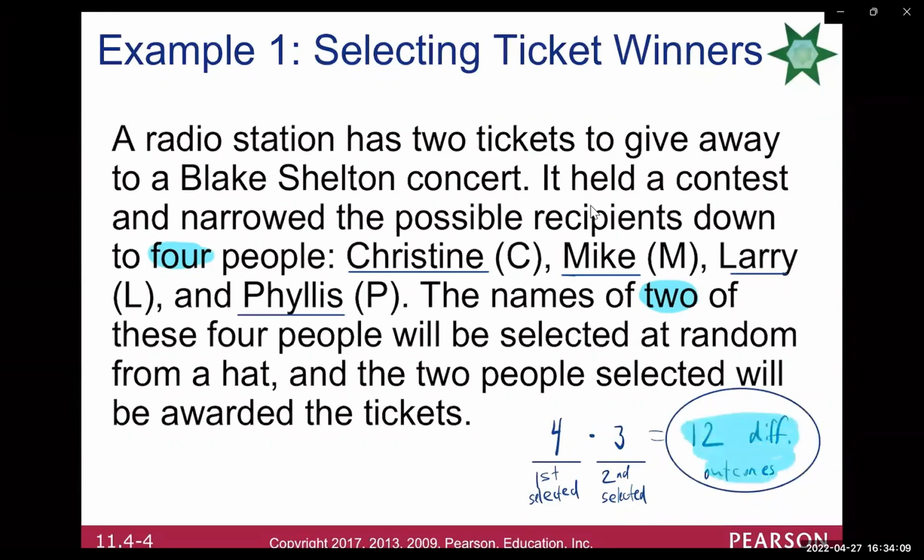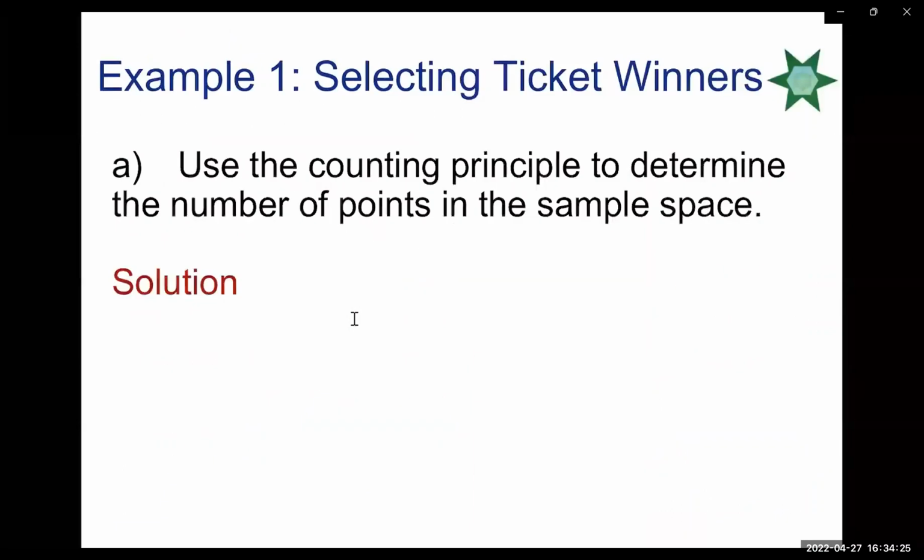So let's write them out. The tree diagram is going to help us. So we're going to use C for Christine, M for Mike, L for Larry, P for Phyllis. All right, so here we go.